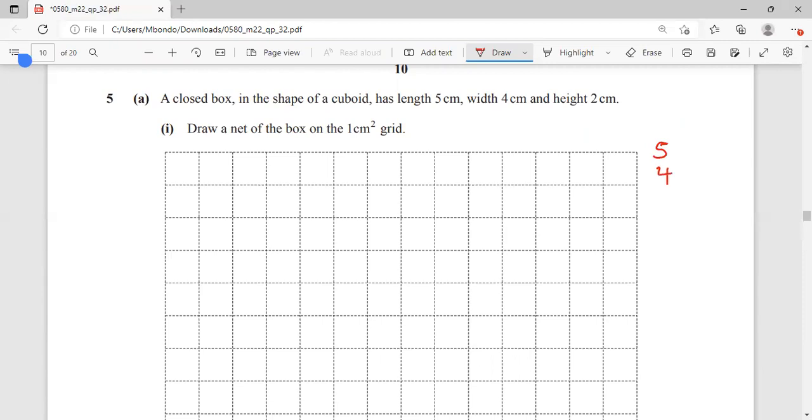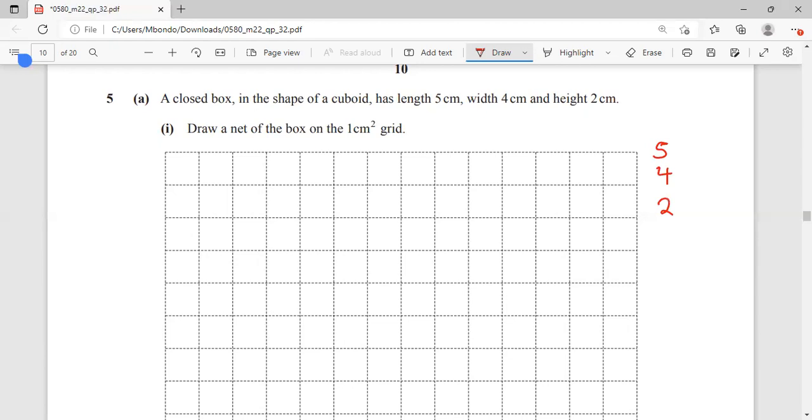Is 4, and then height is what? Height is 2. Okay. Then draw a net of the cuboid on the 1 centimeter square grid.